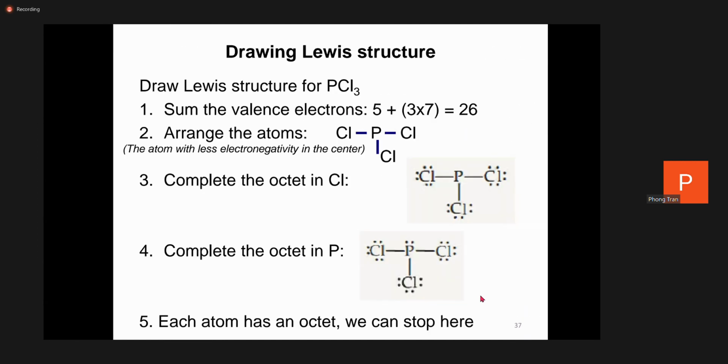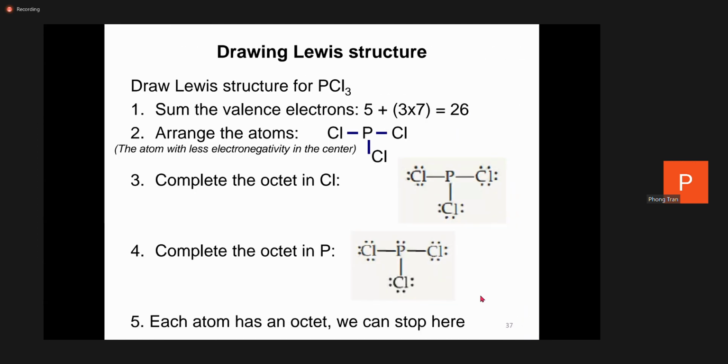So let me take one example. If you are given the compound PCl3. First, here you have one atom of phosphorus and 3 chlorine atoms. The phosphorus has 5 valence electrons and each chlorine has 7 electrons.